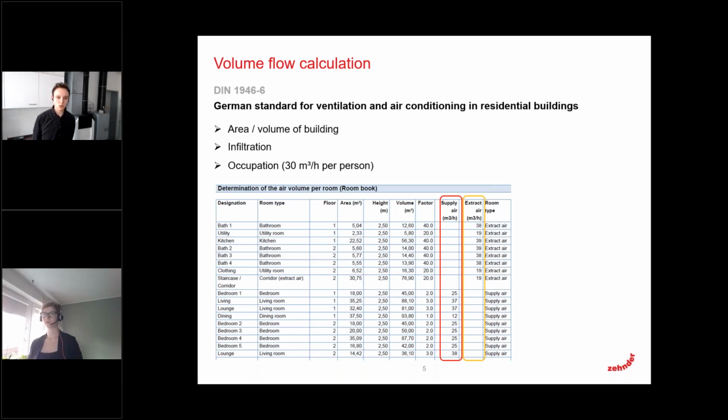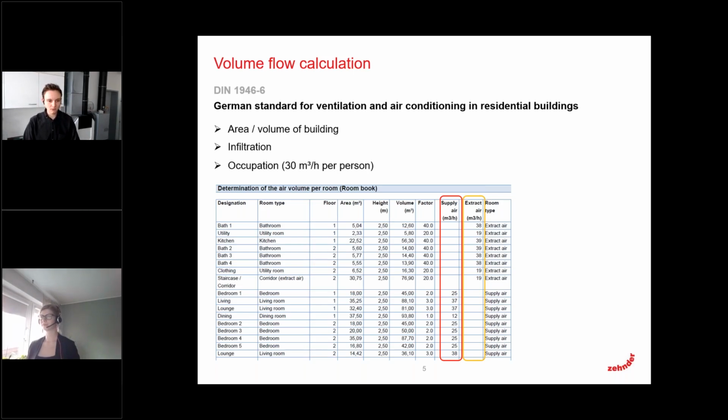They all take into account the area, or I should rather say the volume of a building, and the infiltration, because it's different if you have a very high building standard like a passive house, which is very airtight, where you do not have any infiltration. So we also need to take this into account. And of course, also the occupation of the building.